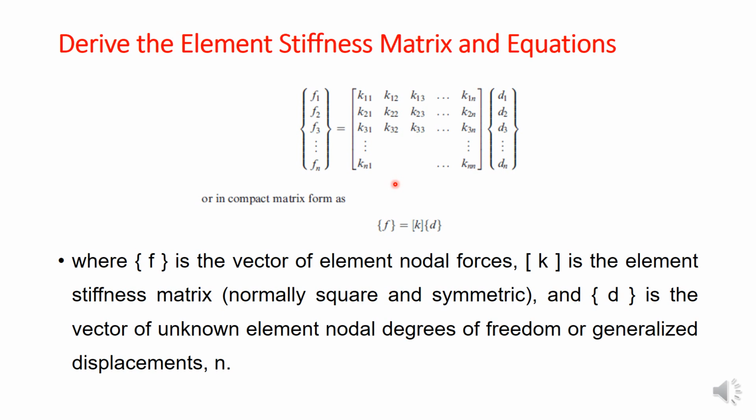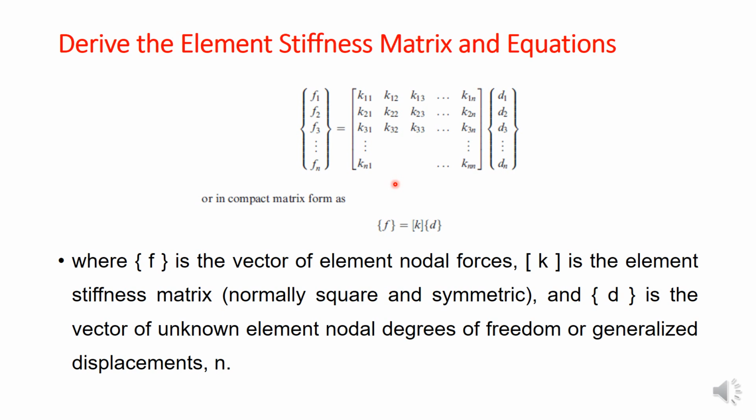Similarly, we have one more method by which we can find the stiffness matrix for the element, called the method of weighted residuals, and that is one of the popular methods. Inside the weighted residual method is the Galerkin method, and this method gives the same results as the work or energy method wherever the energy methods are applicable.